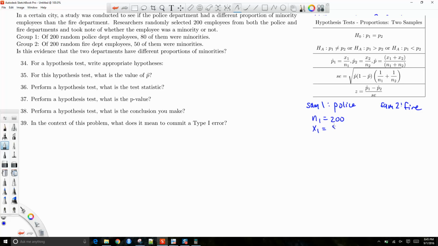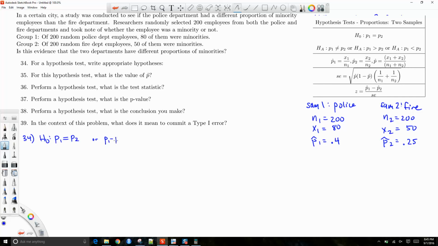We have 80 minority employees, which gives me p hat 1 to be 80 over 200, or 0.4. In the fire department, 200 people in our sample. X2, we have 50 were minority employees, which gives p hat 2, 50 over 200, 0.25.